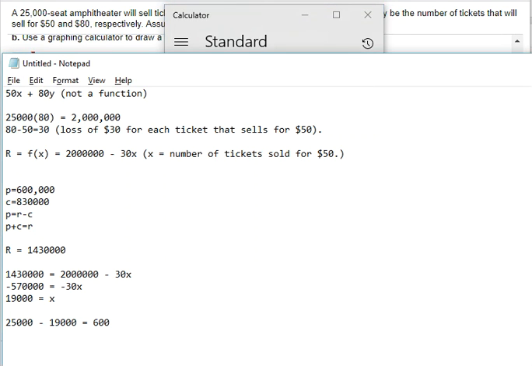So my final answer for part D is that they need to sell 19,000 tickets at $50 and 6,000 tickets at $80.